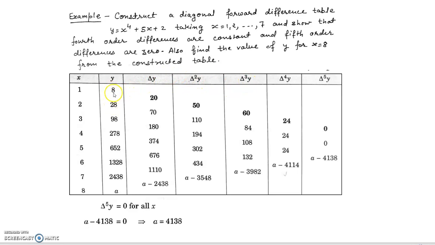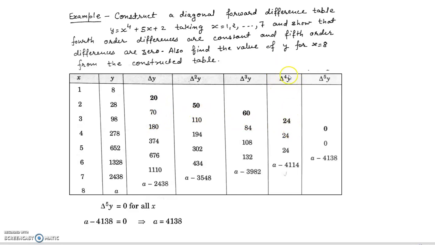If you take the difference 28 minus 8, you will get 20, 98 minus 28 you will get 70, similarly 70 minus 20 is 50, 110 minus 50 is 60 and so on. You have to take just the differences of these consecutive entries, and then the differences of entries in this column and in this column and so on. Now observe this column carefully.